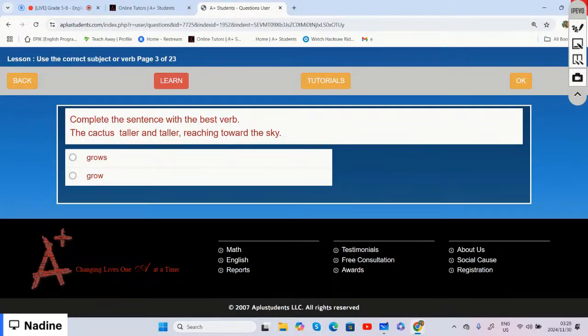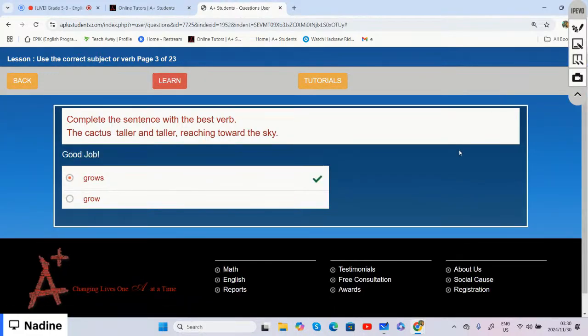One subject, a singular subject. All right, and if we want to choose the correct option, we can say it grows taller and taller, reaching toward the sky.